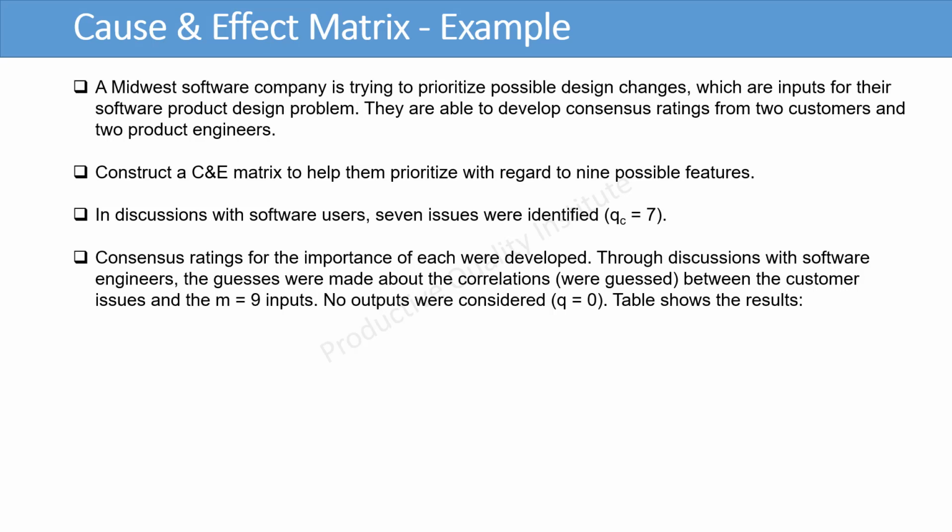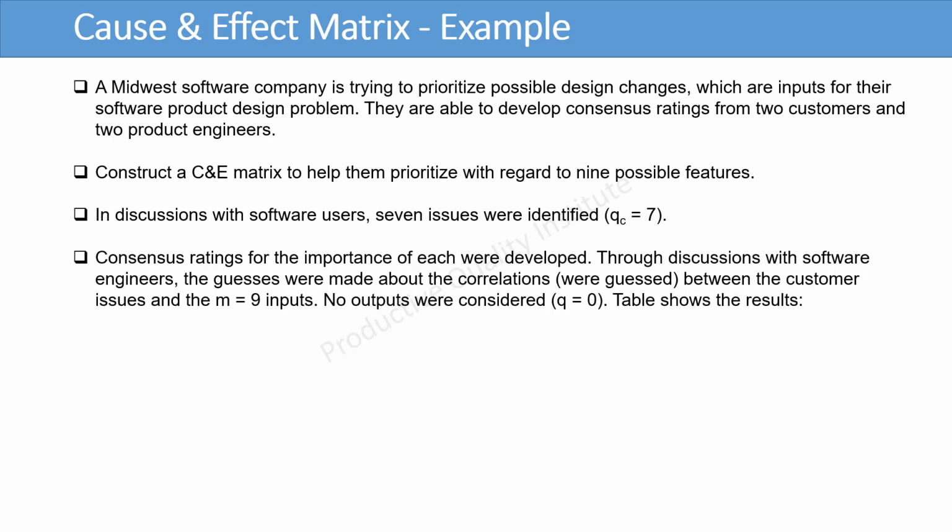They are able to develop consensus ratings from 2 customers and 2 product engineers. Construct a cause and effect matrix to help them prioritize with regard to 9 possible features. In discussions with software users, 7 issues were identified, QC equal to 7. Consensus ratings for the importance of each were developed.